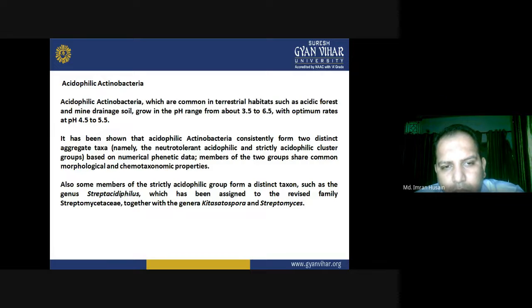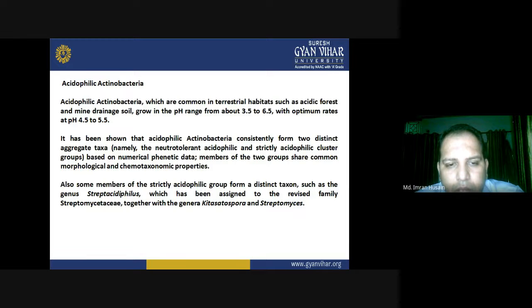It has been shown that acidophilic actinobacteria consistently form two distinct aggregate taxa, namely the neutral-tolerant acidophilic and strictly acidophilic cluster groups, based on numerical phenetic data. Members of the two groups share common morphological and chemotaxonomic properties.